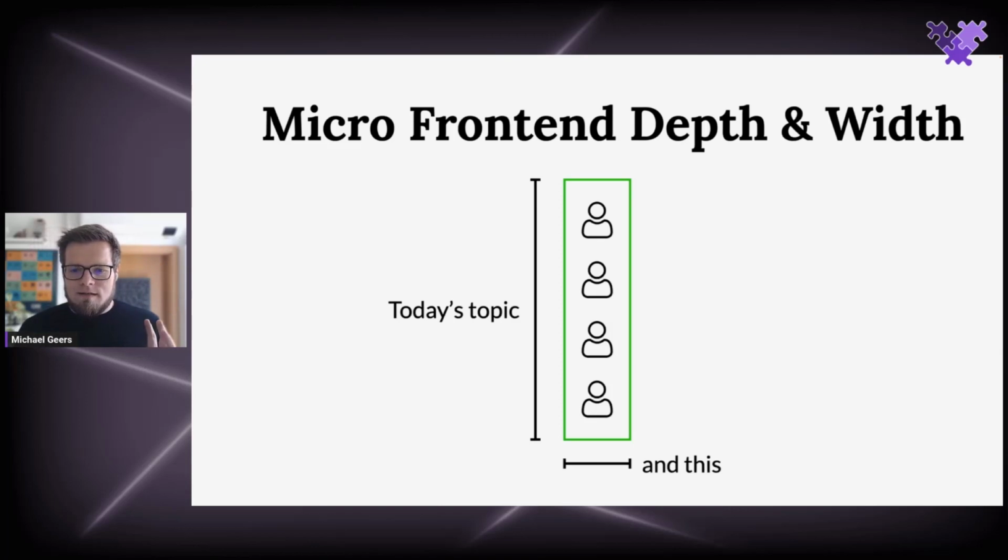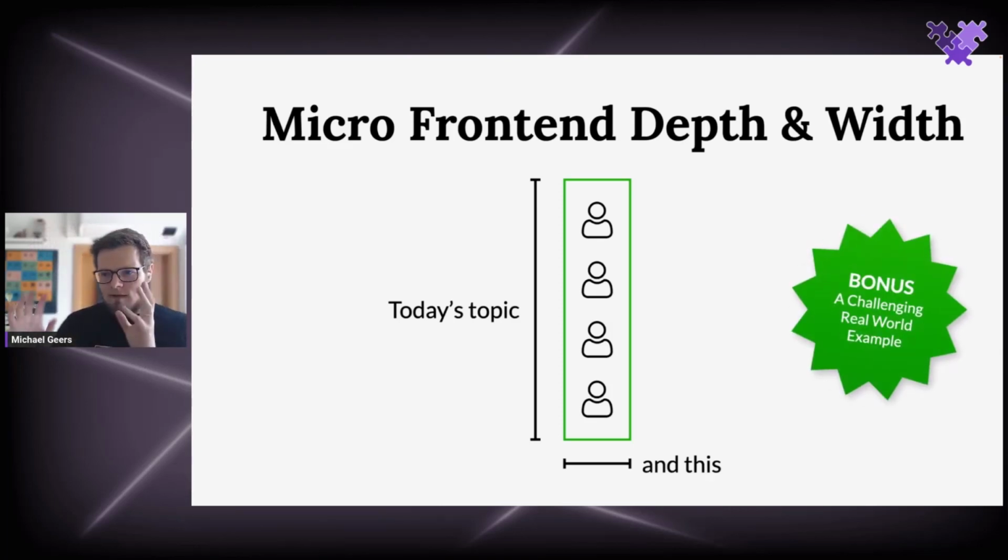And in the later part, I have prepared a real-world example from a project where we had a challenging situation on how integration should work. I will explain this challenge and give you something to think about and take away when you're facing a more complex integration solution.